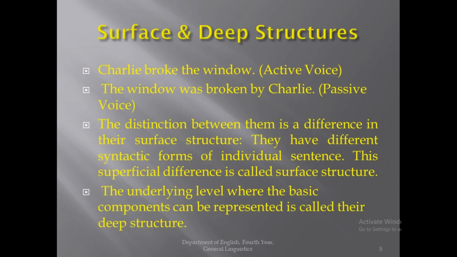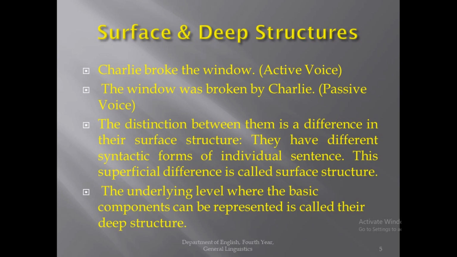Now, if we say "Charlie broke the window" and "the window was broken by Charlie," the first one is active voice, and the second one is passive voice. So the distinction between them is a difference in their surface structure only, while in their deep structure they are the same. Why? Because the idea is the same.